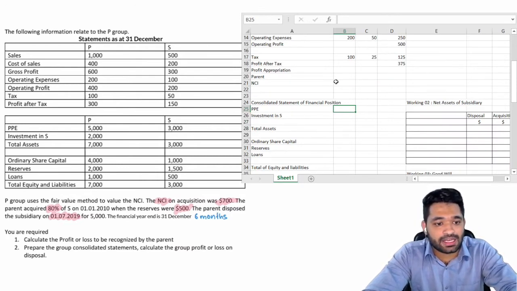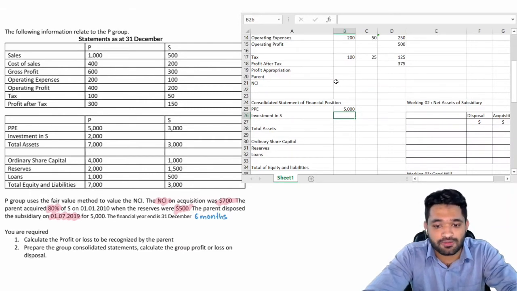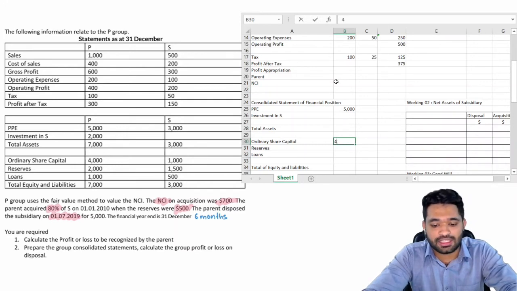So the property, plant and equipment, we got 5,000 coming from the parent. The investment in the subsidiary, this needs to get removed actually, right? So they are not accounted for. We will have to account for this removal on disposal of the subsidiary. Then the ordinary share capital, we will only show the parent's ordinary share capital, that's 4,000.